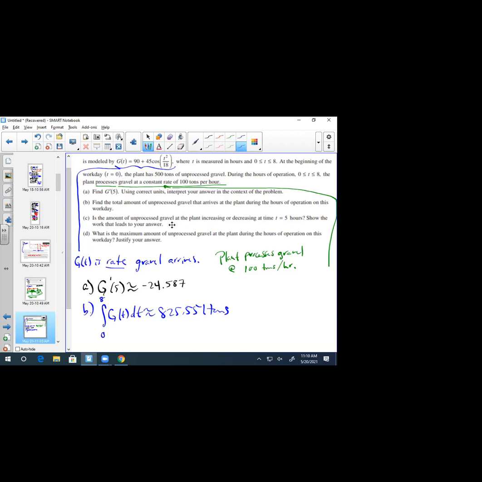The amount of unprocessed gravel. Is it increasing or decreasing? But what rate? So here's what it is, right? G of t is the rate that gravel is coming in. What's the rate that gravel is being processed?